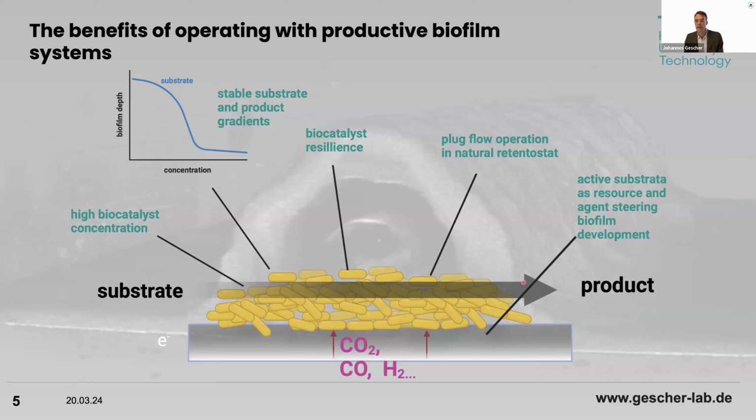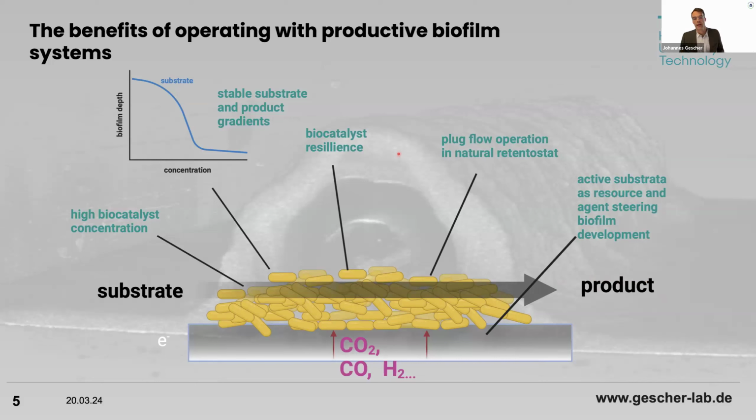So it's easy to operate biofilm systems in plug flow. We have a substrate coming from one side, and we can operate the process in a way that in the end, we have a stream that contains only the product. And we do not have to invest largely in separating the product from the biocatalyst.